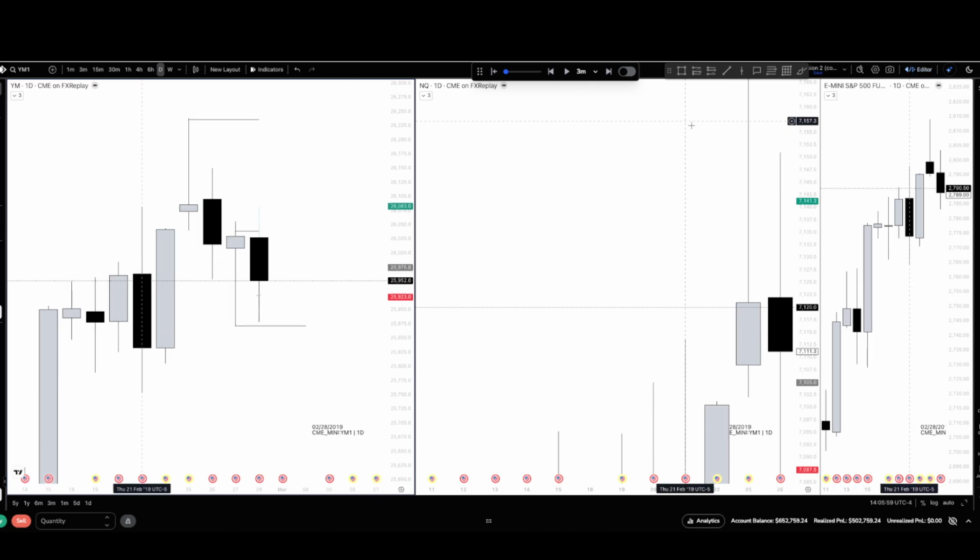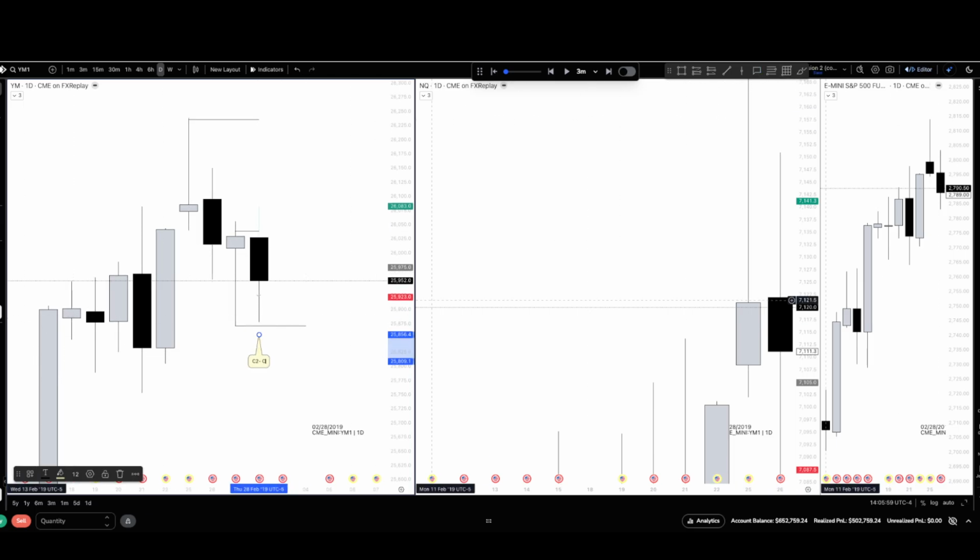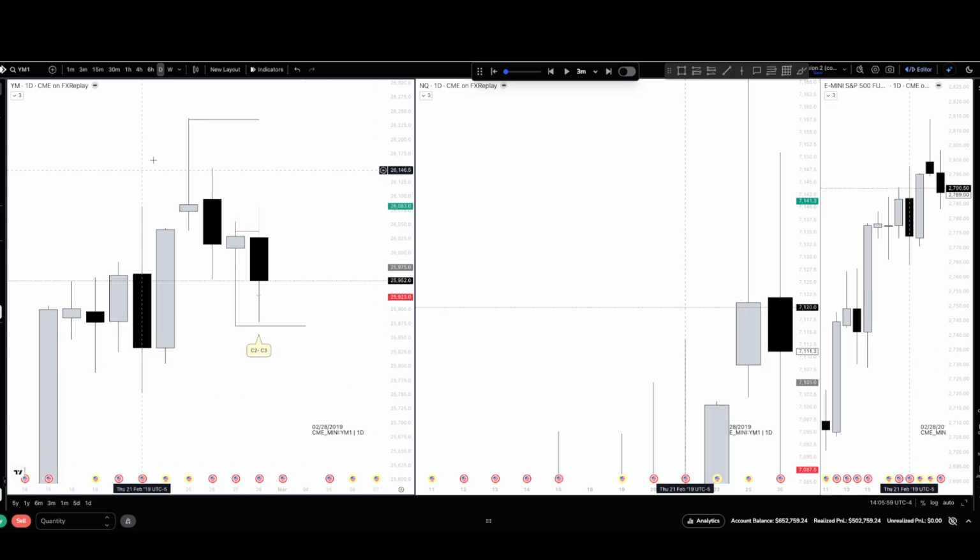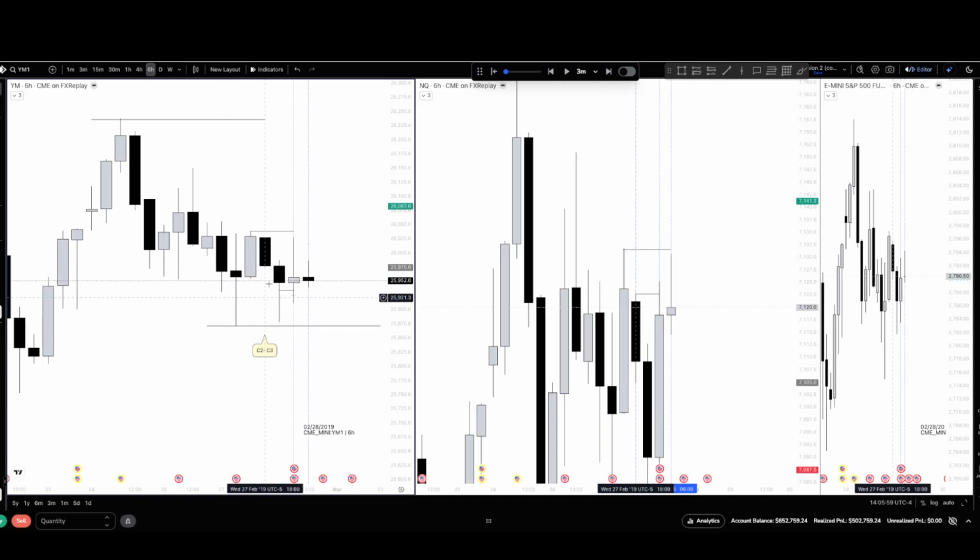What am I looking for? C2 to C3, C2 to C3. Take the screenshot here. Didn't really like the way that these equal lows are present. Not a huge fan of this.